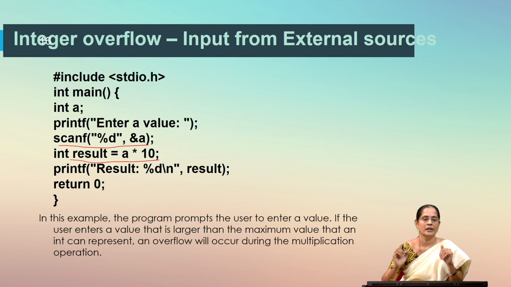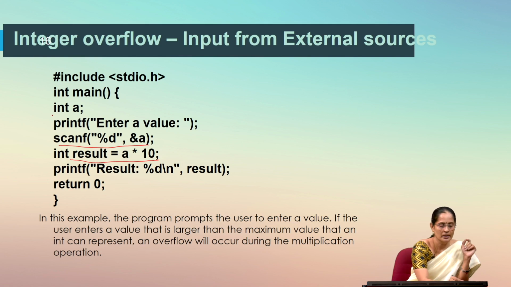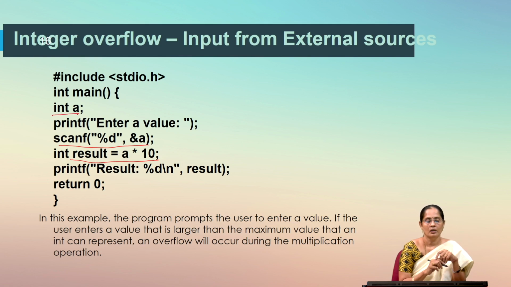Assume that a is an integer type variable. Suppose the user gives the maximum value for a, and it is multiplied by 10, and the result is also defined to be an integer type variable. So, it will not be able to accommodate the computational result.